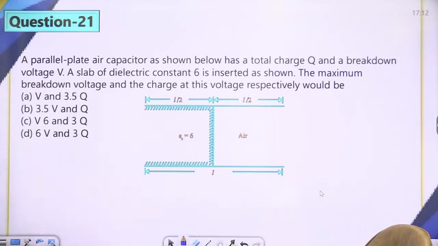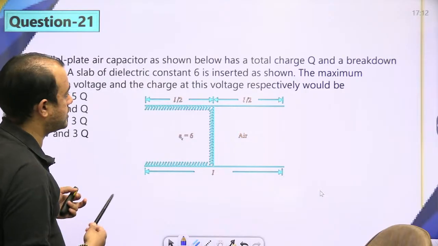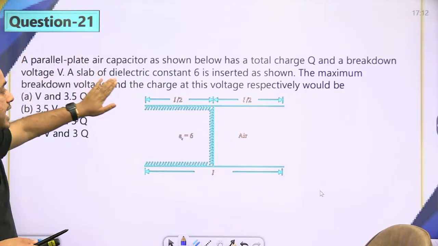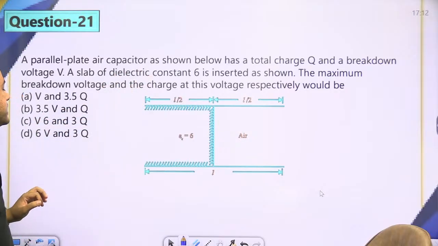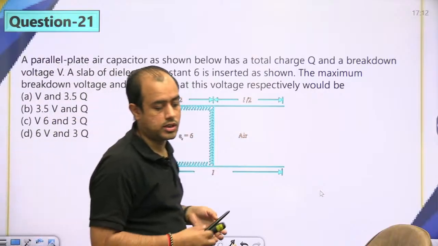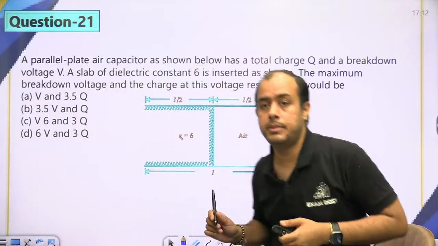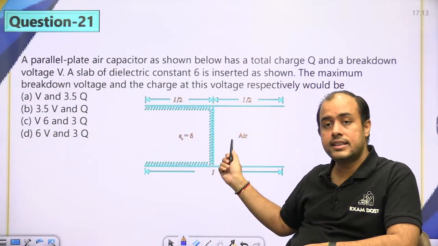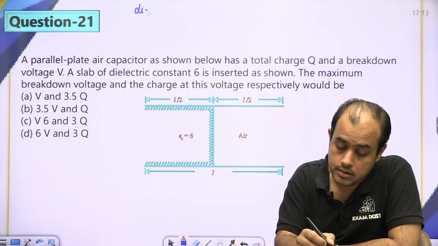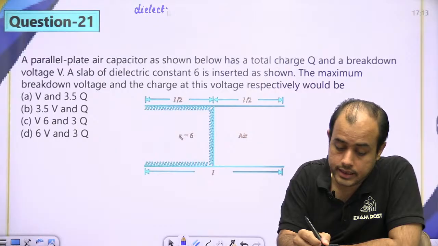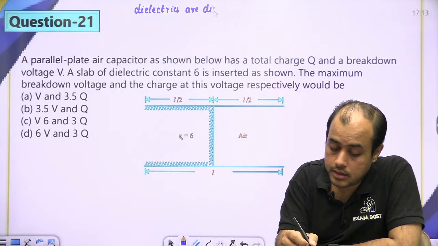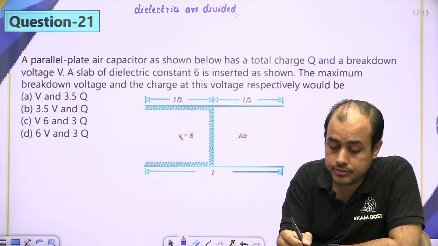Next, a parallel plate capacitor has total charge Q and a breakdown voltage V. Now, a slab of dielectric constant 6 is inserted, find the maximum breakdown voltage and charge at this voltage. Now, if you see beta, the dielectrics are divided along the area.